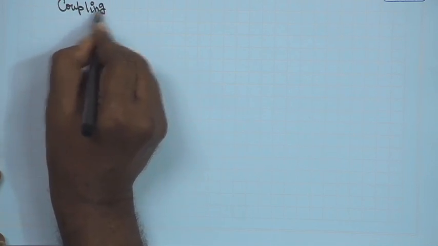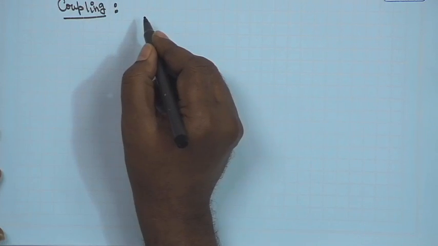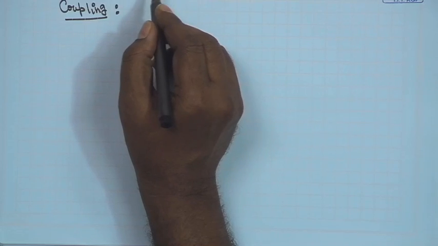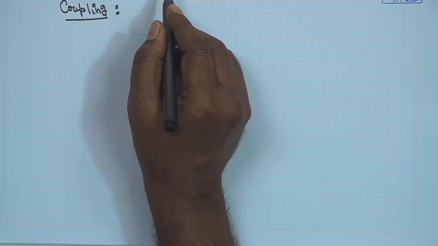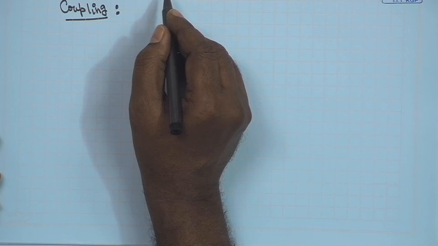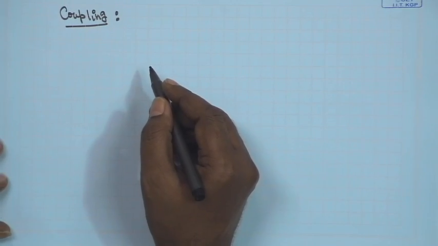And what is the definition of coupling? Coupling says that the existence of forces acting on another species can influence the transport of a particular species.